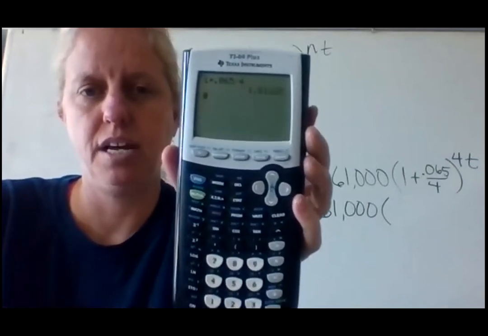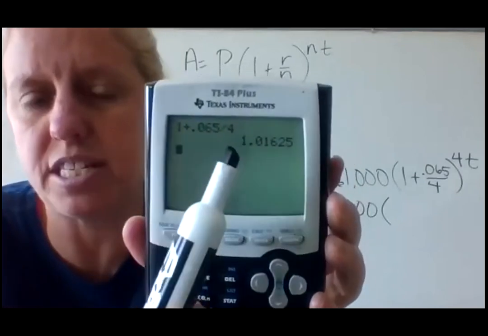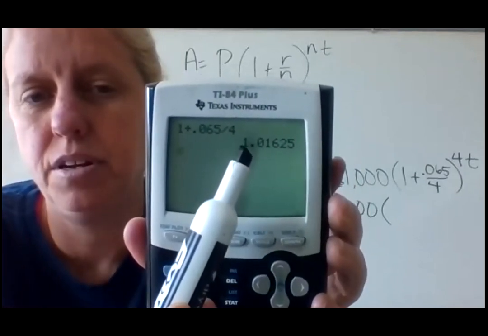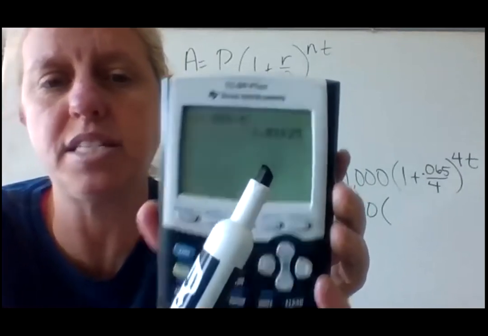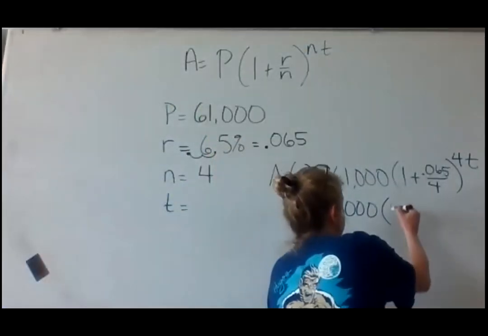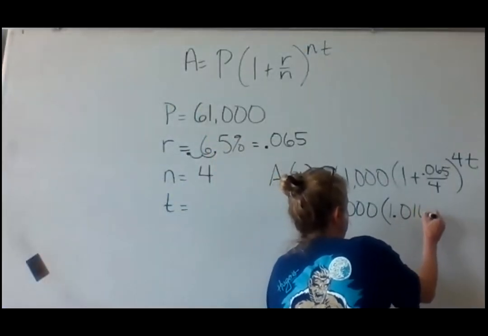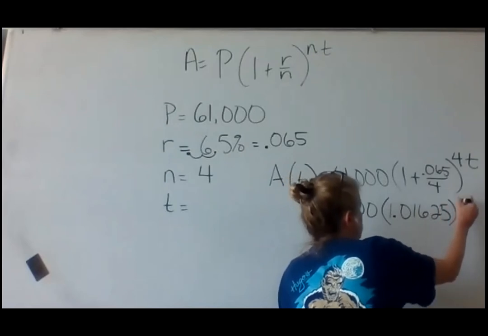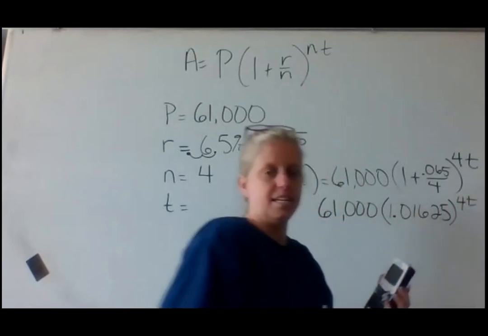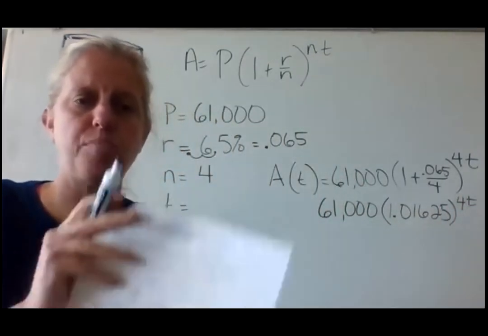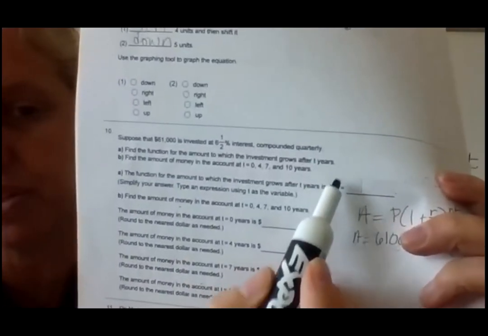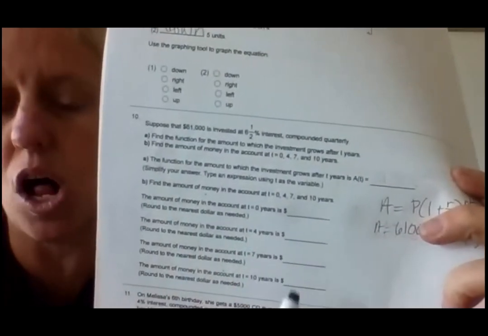Hit enter. So that's what's going to go in the parentheses: 1.01625 to the 4t. So that is what you're going to put right here as your first answer.